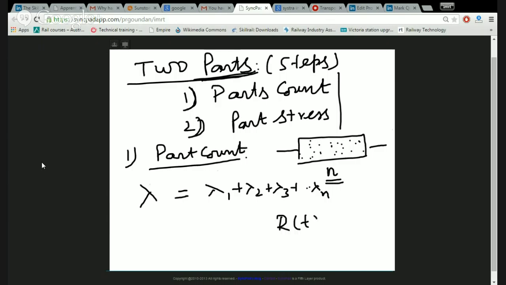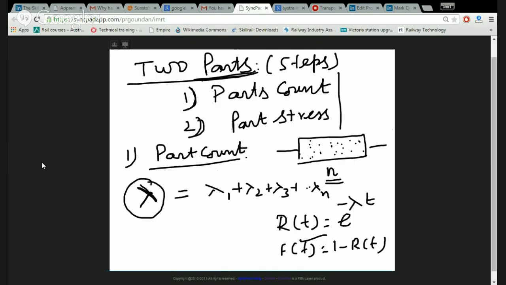Then the reliability of the board is e power minus lambda t. From there you get F of t, the failure probability, which will be 1 minus R of t. And the differentiation of this is the small f of t. So all those things you know. You can do it. So basically I have to find lambda.